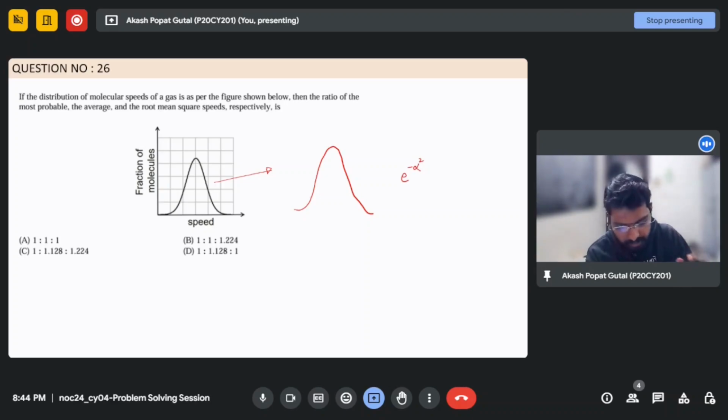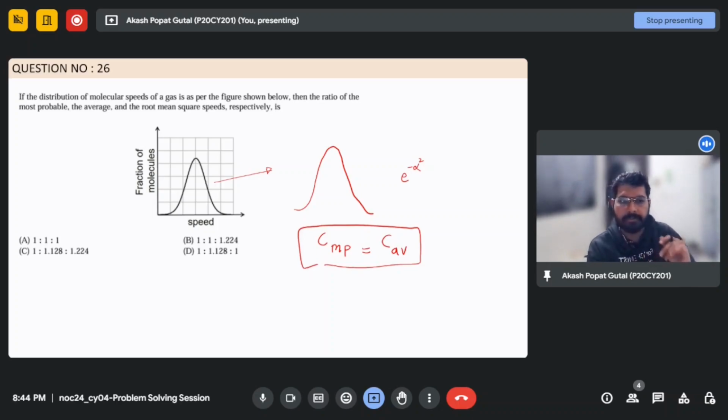When we have a symmetric Gaussian distribution, the most probable and average speeds become equal because of the symmetry.